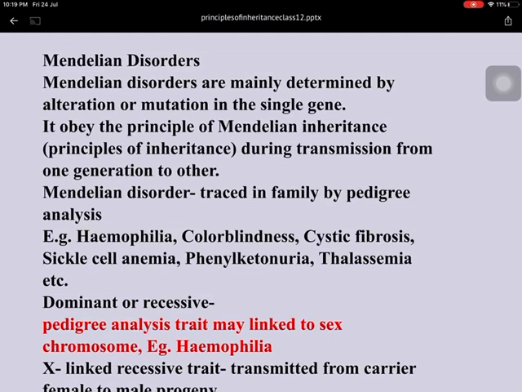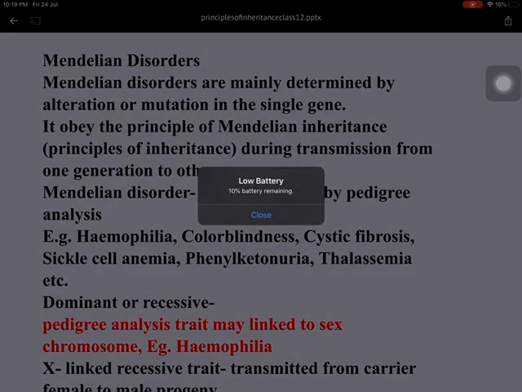So remember that a Mendelian disorder is determined by alteration or mutation in a single gene, and it obeys principles of inheritance. Examples: hemophilia, color blindness, cystic fibrosis, sickle cell anemia, phenylketonuria, thalassemia, etc.